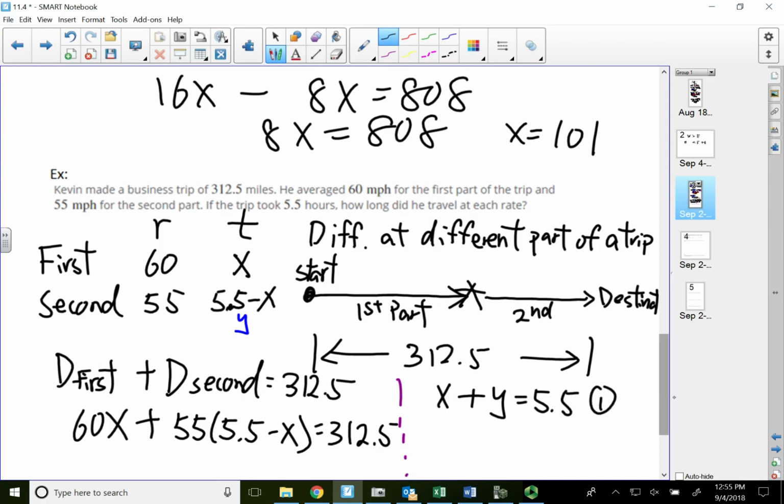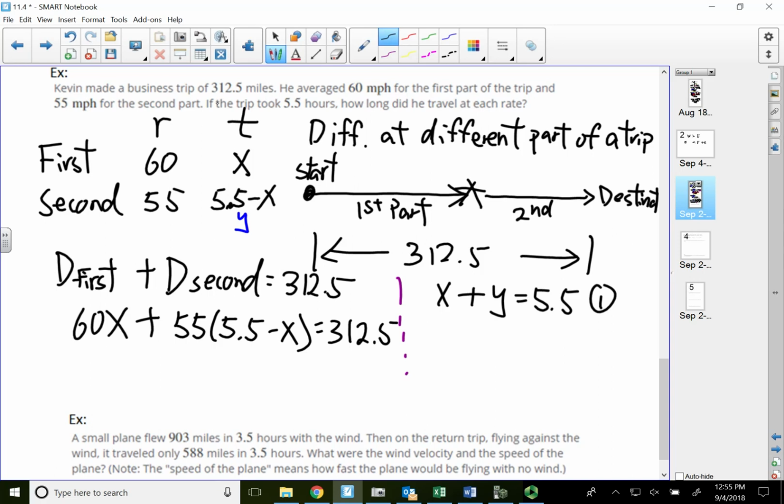Let's call that the first equation. The second equation has got to be about the total distance. So the distance of the first part, rate times time, 60x, plus the distance for the second part of the trip, rate times time, 55y, equals 312.5. All right, let's call that the second equation.